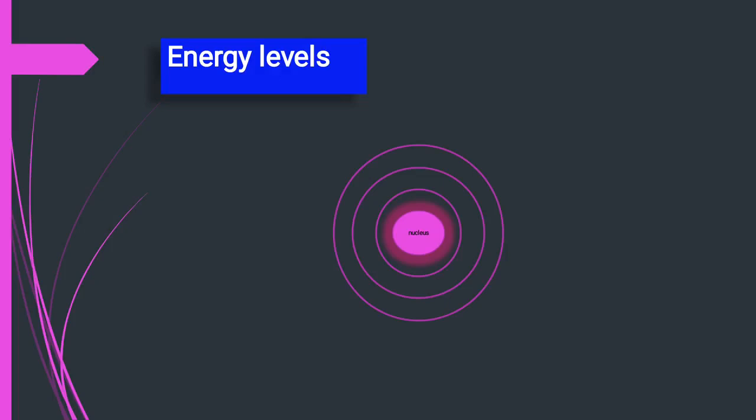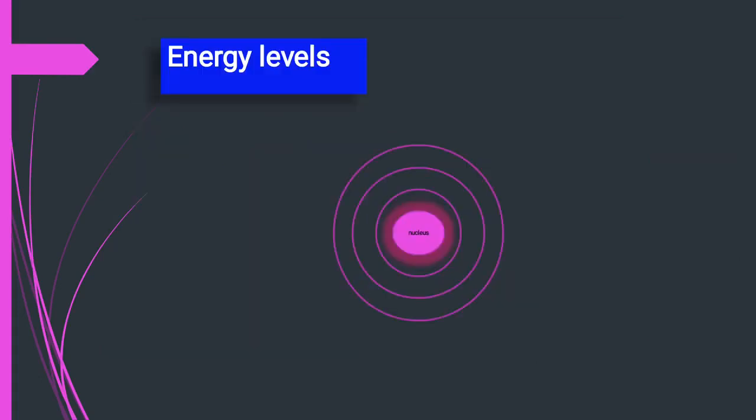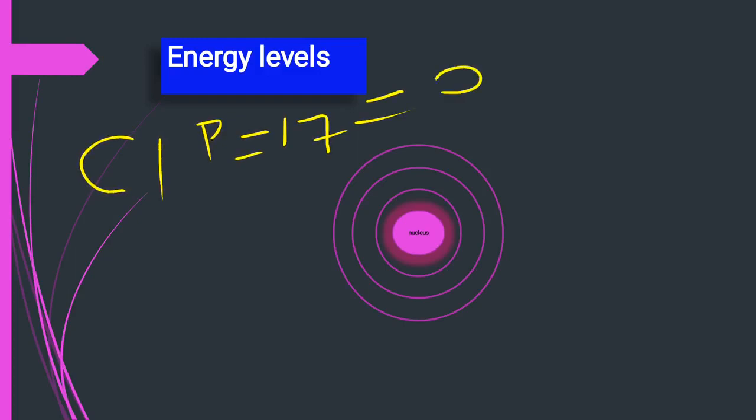So from our periodic table again, chlorine, like you can see here, is atomic number 17. So if it is atomic number 17, that tells us that the protons are 17, which are equal to the number of electrons, so also 17 electrons.